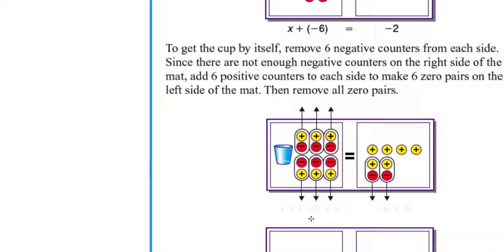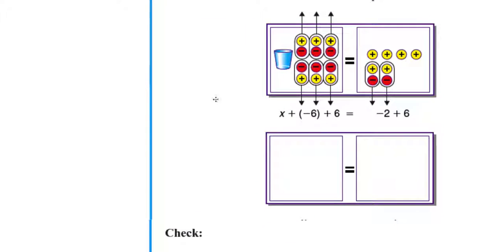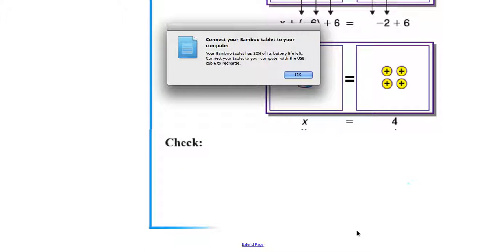So this is actually x plus negative 6 plus 6 is equal to negative 2 plus 6. Okay, whatever you add to one side, we need to add to the other side because it's an equation. And then we now have our cup by itself, and we have 4 positive counters here. So x is equal to 4.